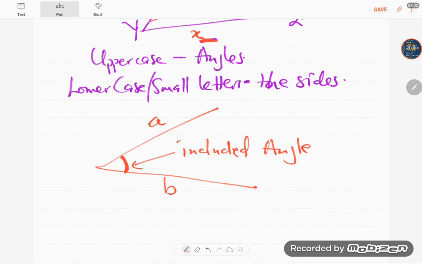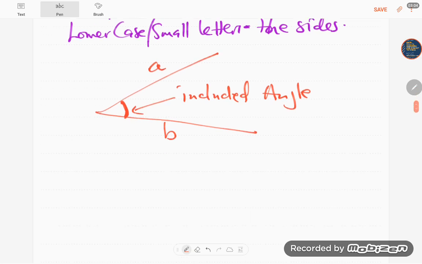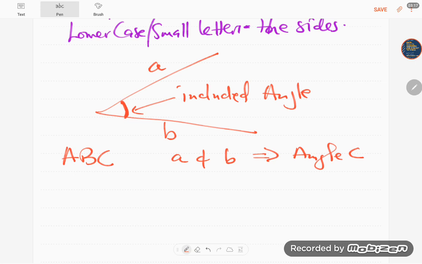So if you have a triangle ABC, and you're told that you have sides A and B, then it means that they form the angle C.